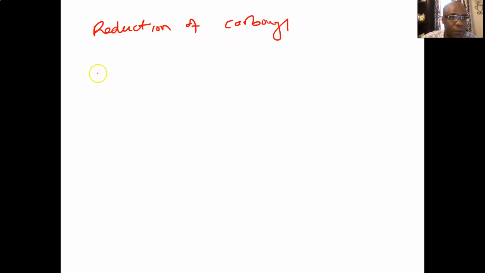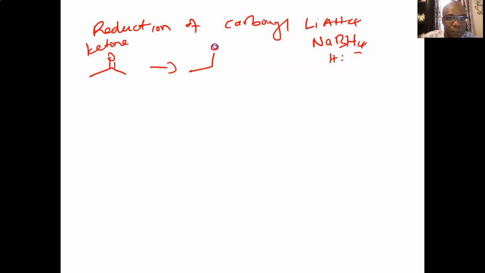Carbonyls can also be reduced. So there are two reducing agents. You either have lithium aluminum hydride or sodium borohydride. The key part is that these guys are just giving you hydride. So if you start with a ketone, the ketone will be reduced to a secondary alcohol. If you start with an aldehyde containing an R group, that will be reduced to a primary alcohol, because you're adding the hydride.